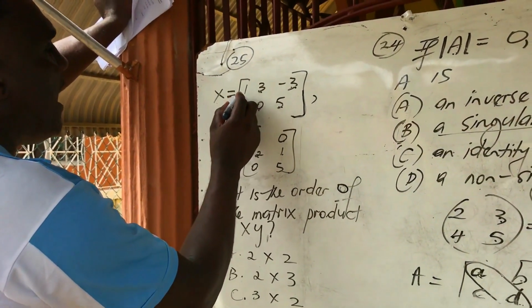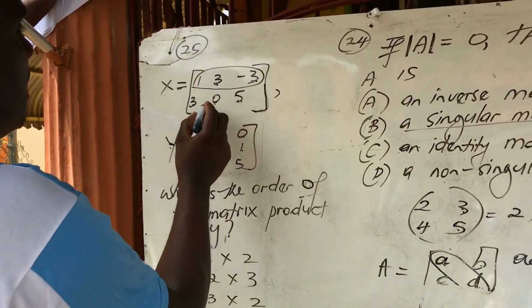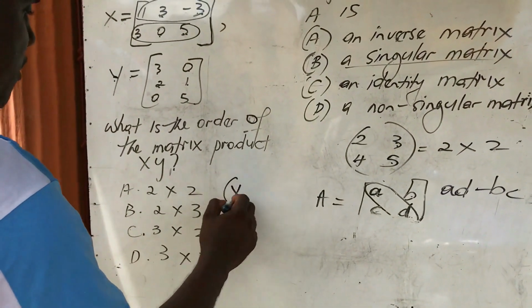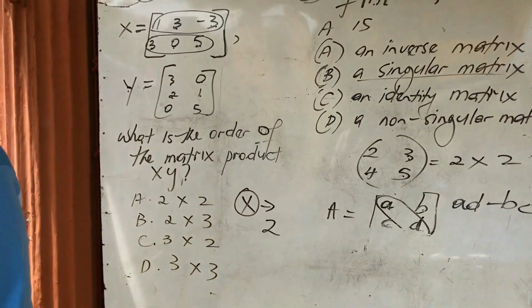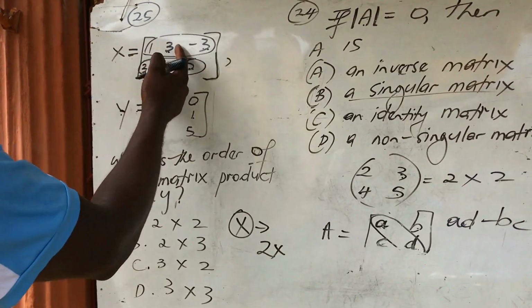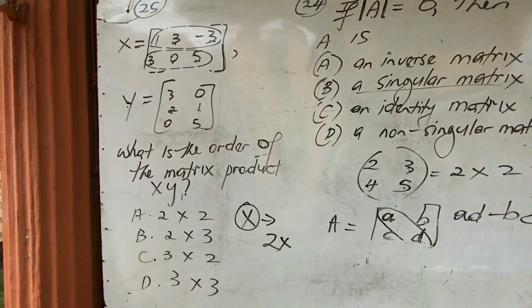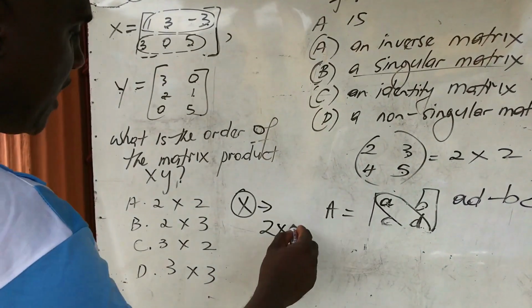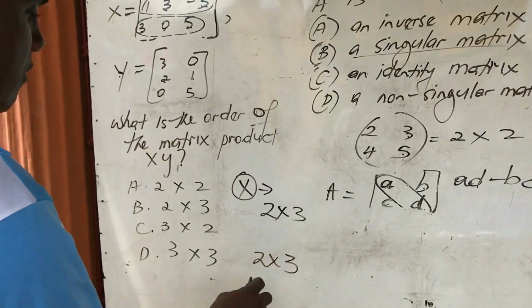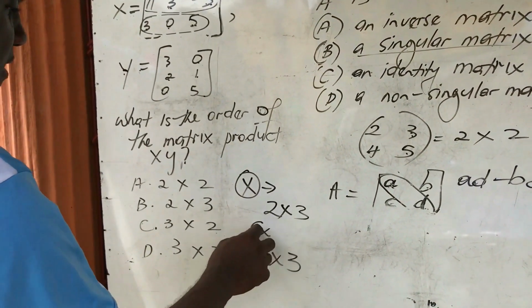How many rows do I have here? I have 1, and another one here, so that's 2 rows. So the order of matrix X is 2 rows times how many columns? We have 1 column here, another one here, another one here. So clearly the order of matrix X is 2 by 3. So I write here 2 by 3, and this is matrix X.